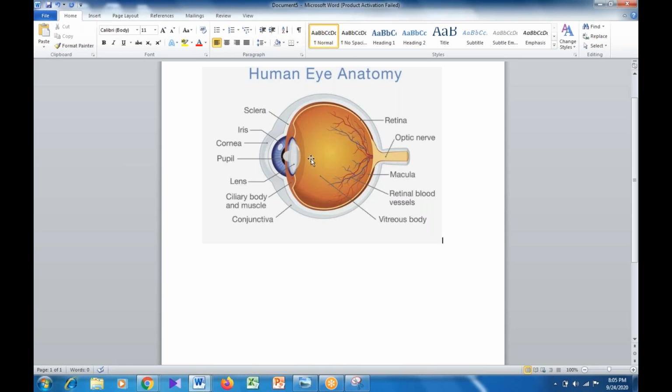So at that time we have to put either a lens or use glasses. When we use a particular glass, that glass converges the light on the retina. When you go to the doctor, you have to check the eyesight. If your eyesight is weak, they check one lens after another to see which one is perfect.